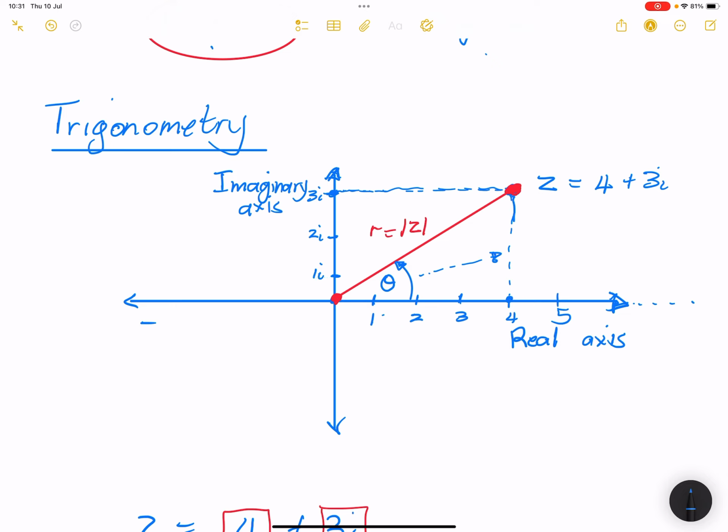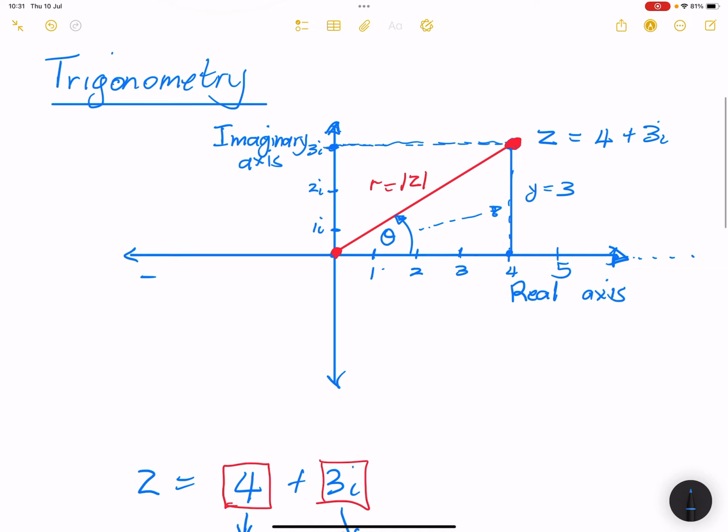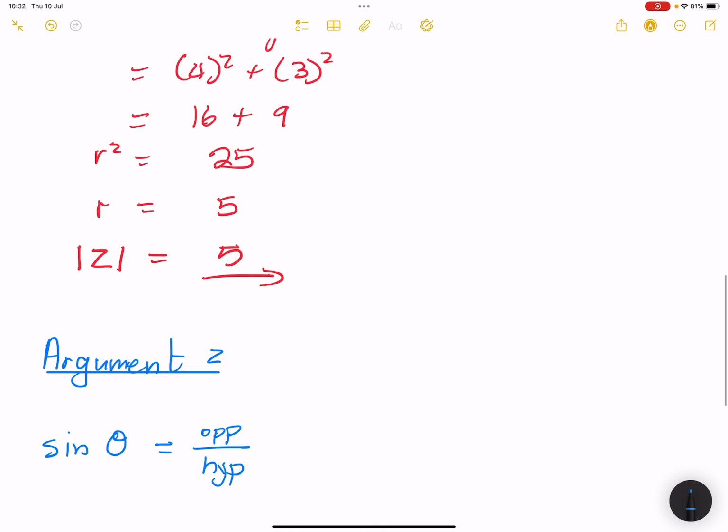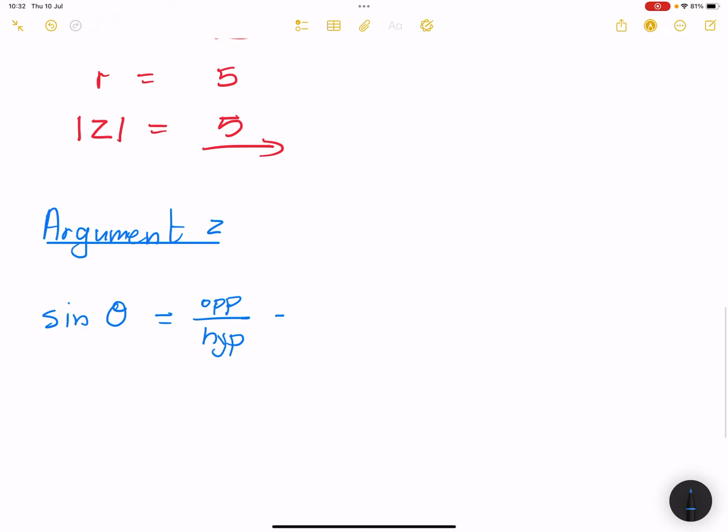This side over here would be opposite. It's the vertical side. So this is the y value, which is equal to 3. And in this case, we've got y over r. r is our modulus, okay? So in this case, we know that sine is y over r.